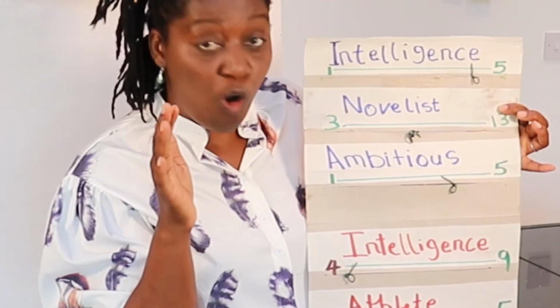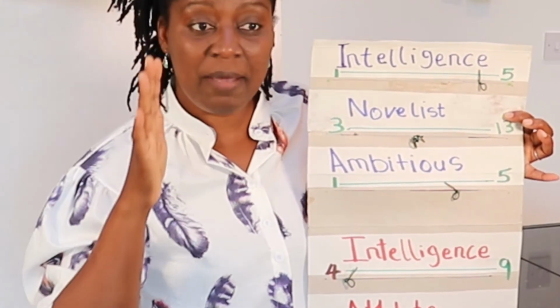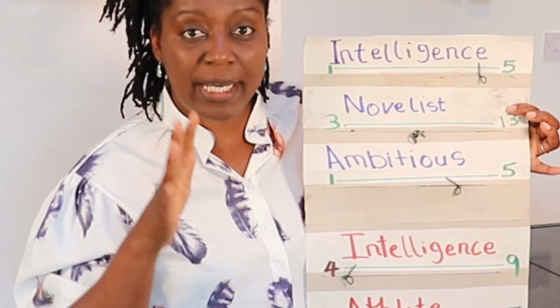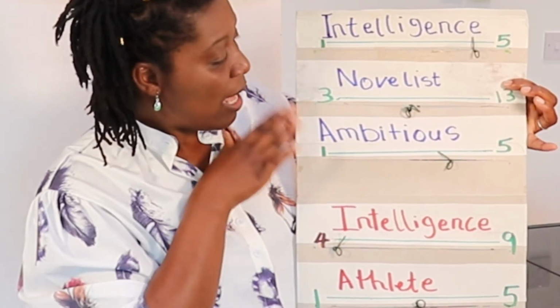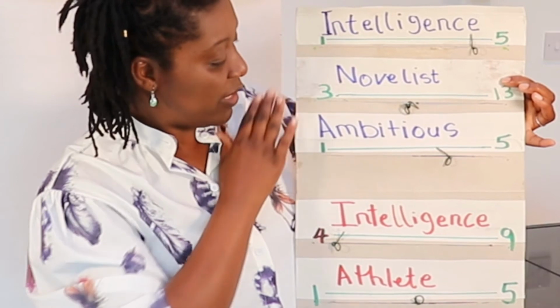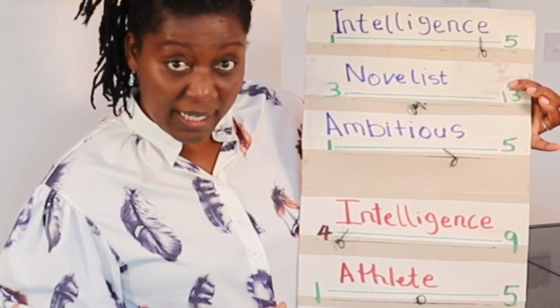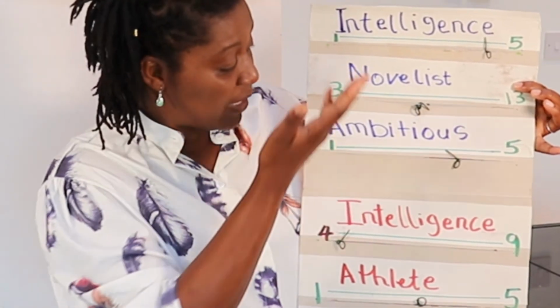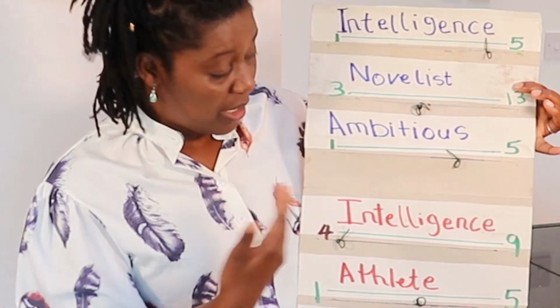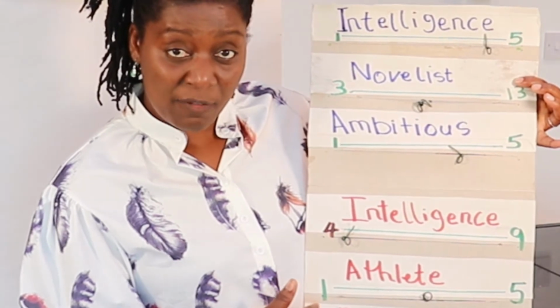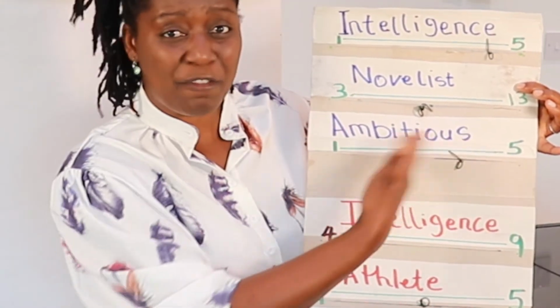And the other thing is, they all have the same number of traits. So even though here I've got intelligence, novelist, ambitious, this higher self here also has novelist and ambition, but this higher self number 2 will have a different scale.